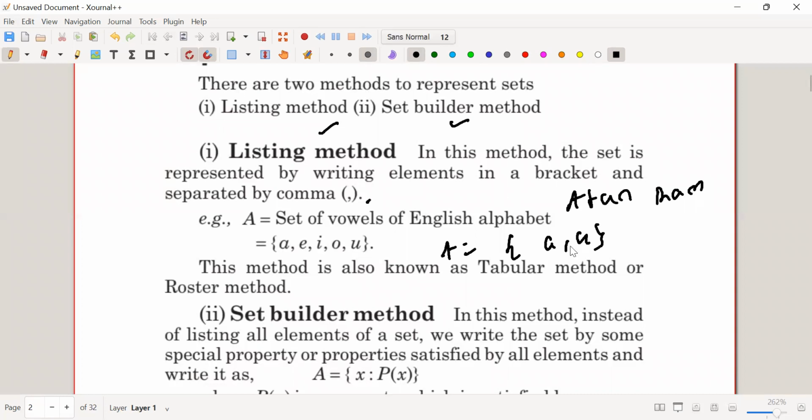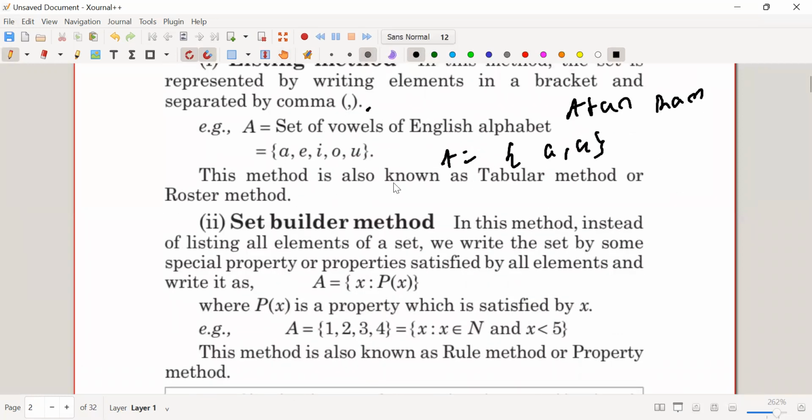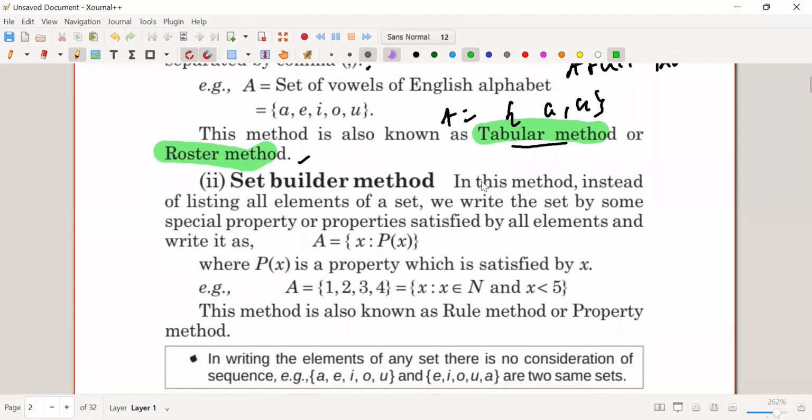All right. So we create the set of vowels from your name: Arun Ram is A and U. This method is also known as the tabular method or roster method.